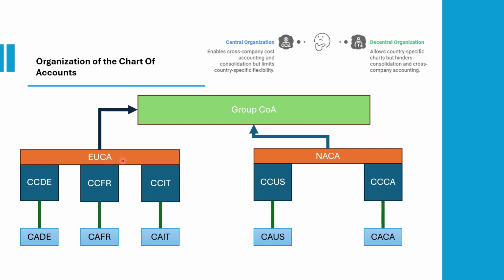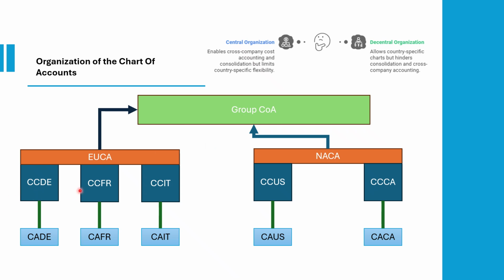So EUCA is used by this and this, and if they have any country specific legal requirement, they can of course use country specific charts of accounts also. And then both these areas, like EU and NA, can have one group chart of accounts also. So you can use it. It all depends on how structured you want it to be.